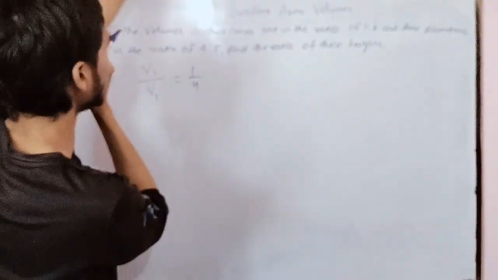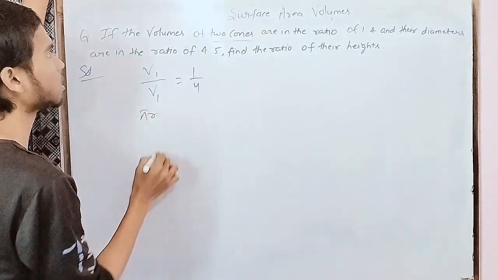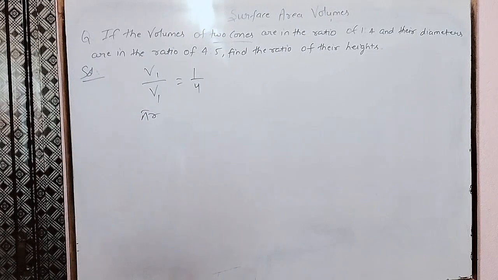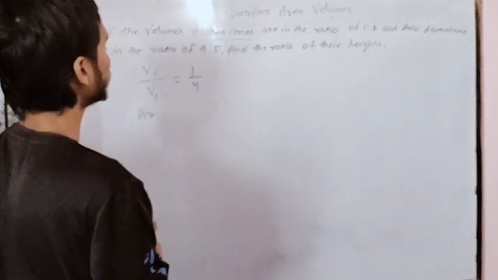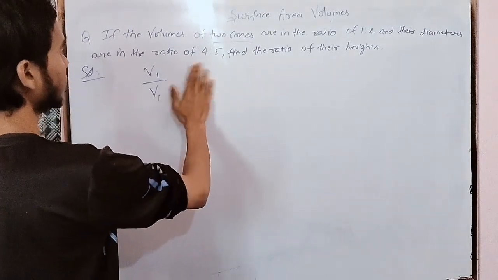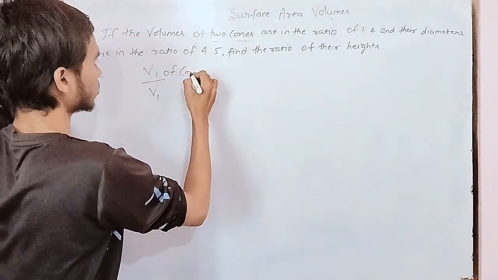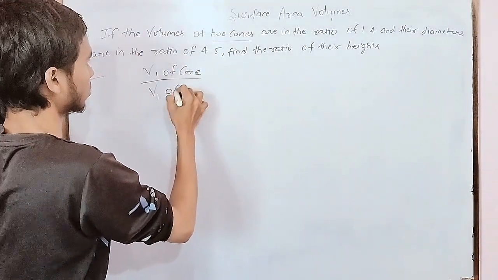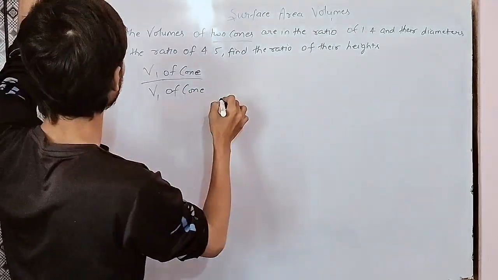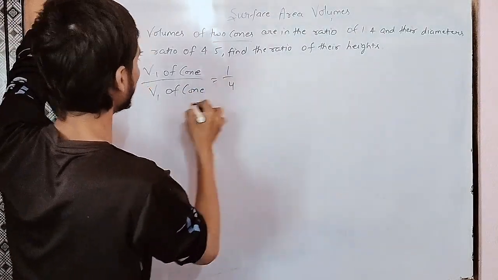So volume of a cone will be what? We will write clearly the volume V1 of a cone, which is 1 upon 4.